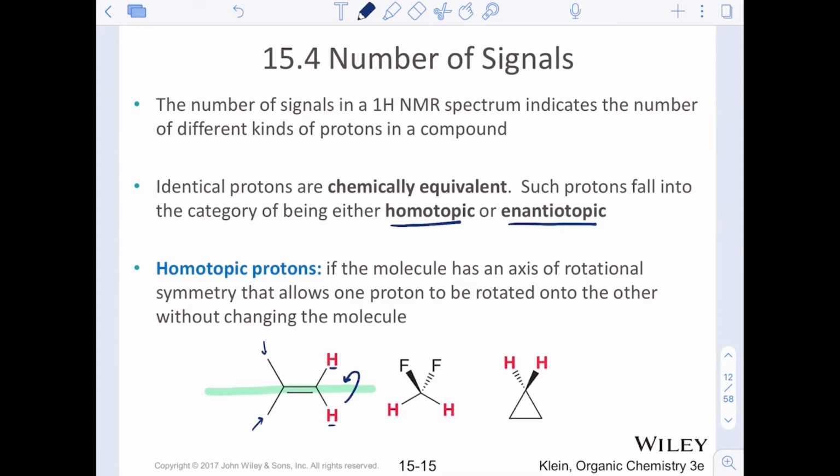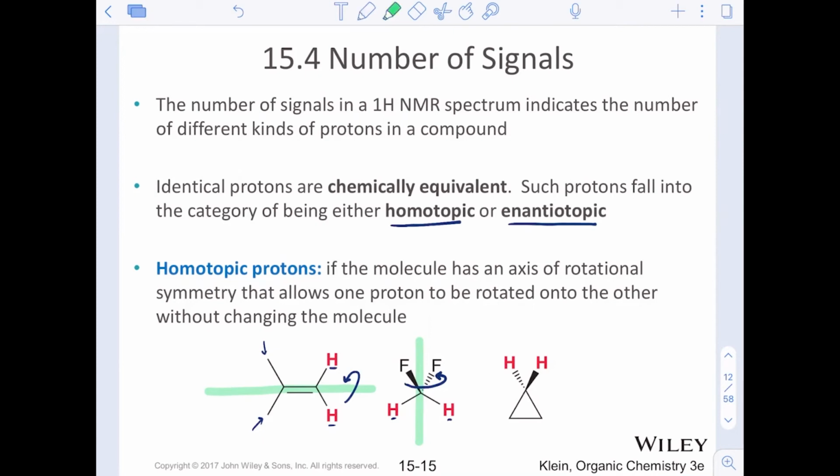Same thing with the middle protons. We're looking at these two. Symmetry exists right here. And again, rotation around that axis, pancake flip, they align. If the fluorines were different in the middle compound, or if the methyls were different on the compound on the left, these would not be homotopic anymore. All right, so we have symmetry here.